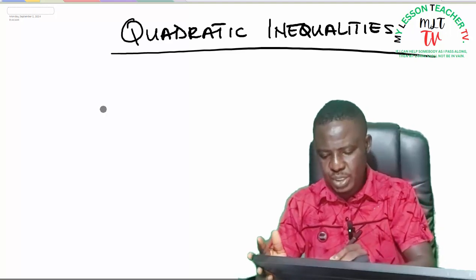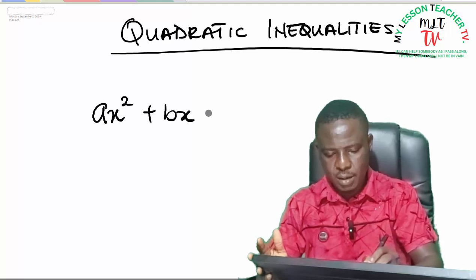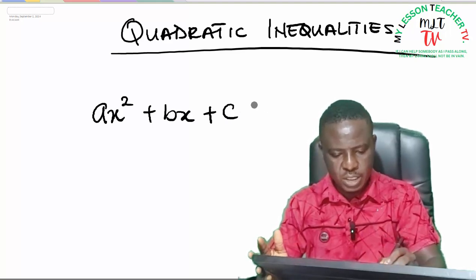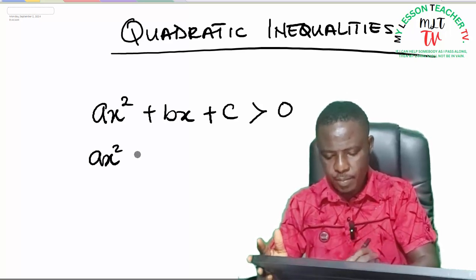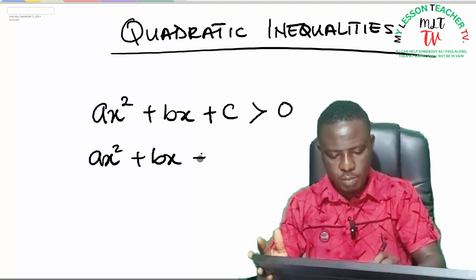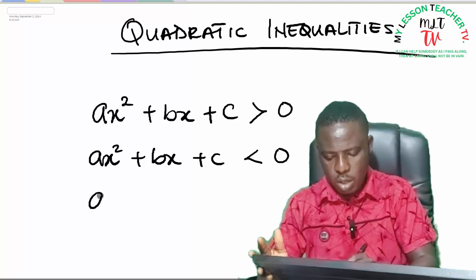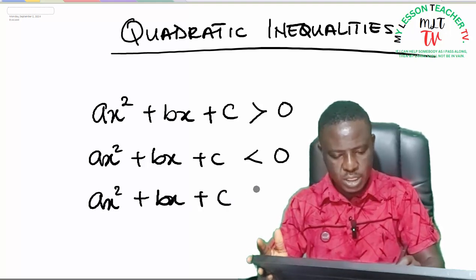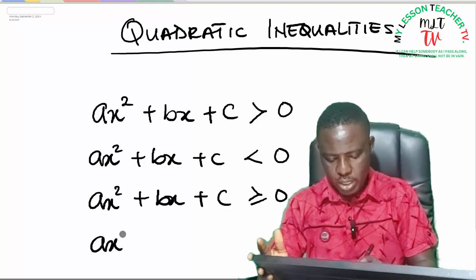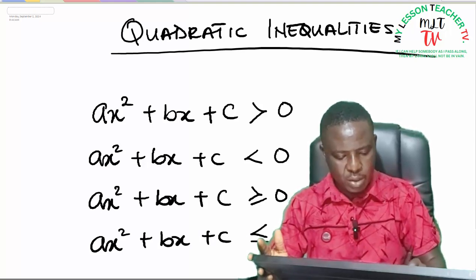Quadratic inequalities can be expressed in the form ax squared plus bx plus c is greater than 0, or ax squared plus bx plus c is less than 0, or ax squared plus bx plus c is greater than or equal to 0, and ax squared plus bx plus c is less than or equal to 0.